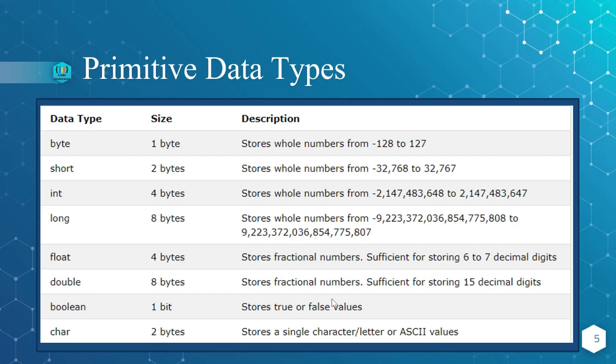Short has 2 bytes as a size, stores whole numbers from -32,768 to +32,767. Int has 4 bytes, and likewise long has 8 bytes, float has 4 bytes, double has 8 bytes, boolean has 1 bit, and the last one, char, has 2 bytes.